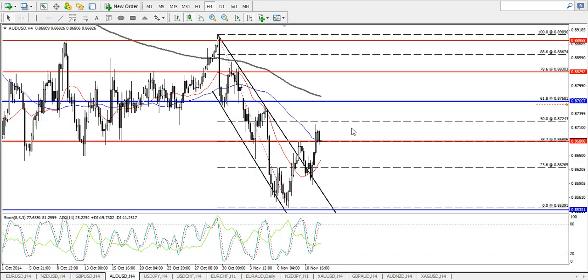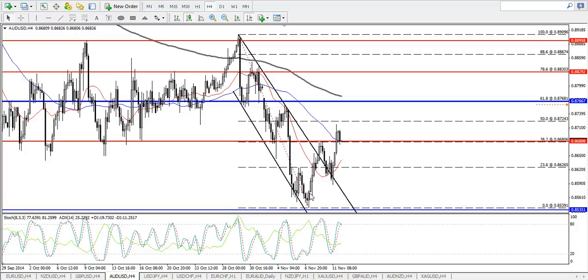And with a Fibonacci expansion to measure the retracement itself, it coincides with the retracement level of 61.8%.